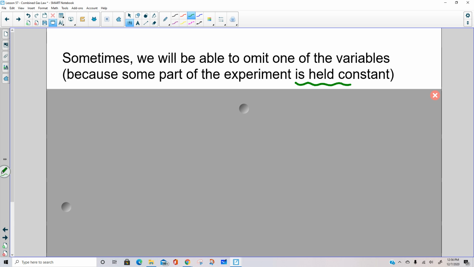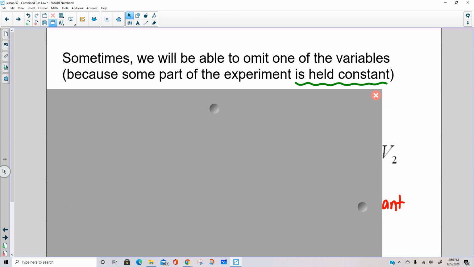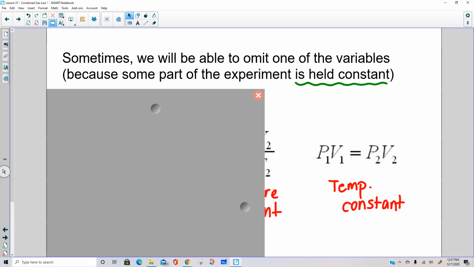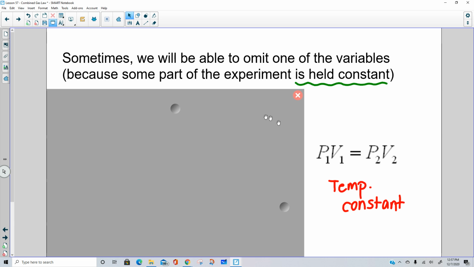So if you see that phrase, is held constant, then you have what we just encountered. So when the temperature is constant, guess what? The T's drop out. Remember our original formula, PV over T equals PV over T. 1's on the left, 2's on the right.